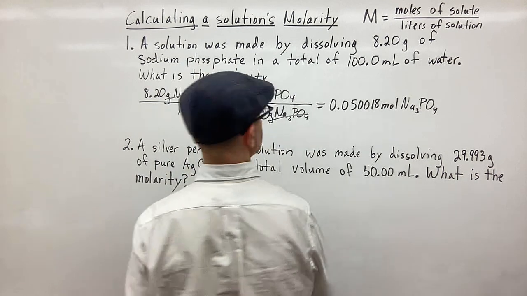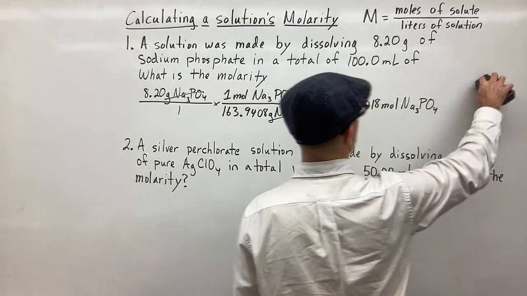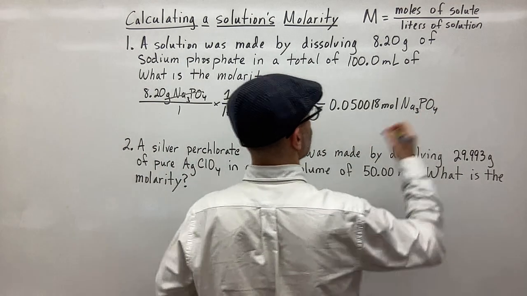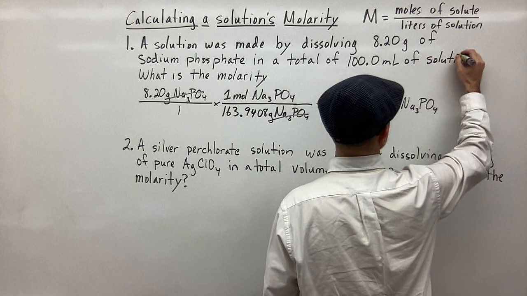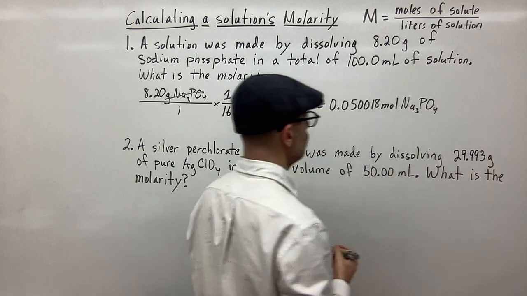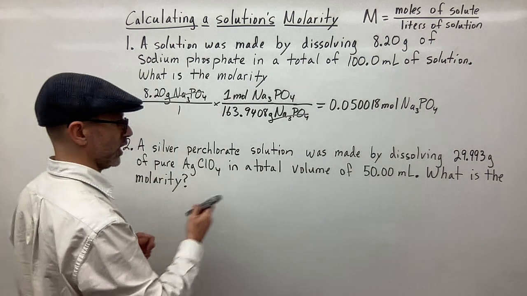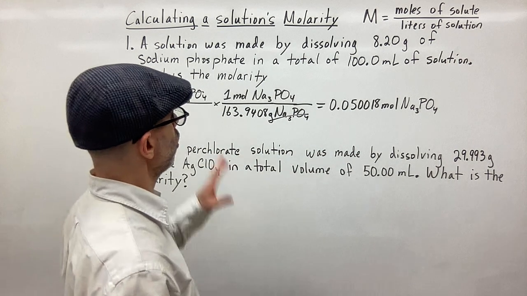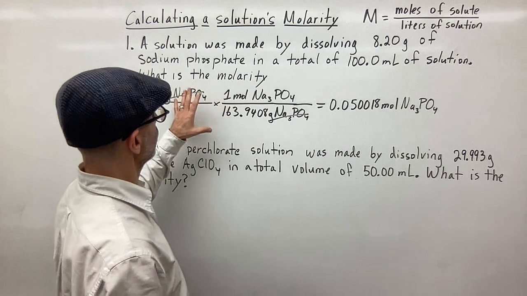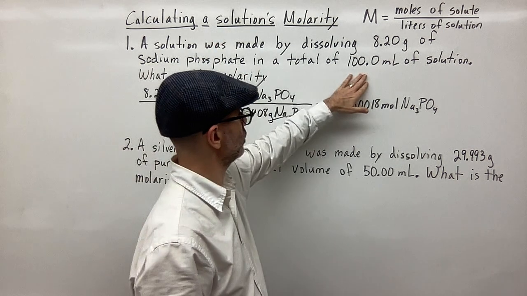So let's change this, instead of water, to make it more accurate, it should be milliliters of solution. Let me double check. Yeah, so we've added enough water to get 100 milliliters of the solution.